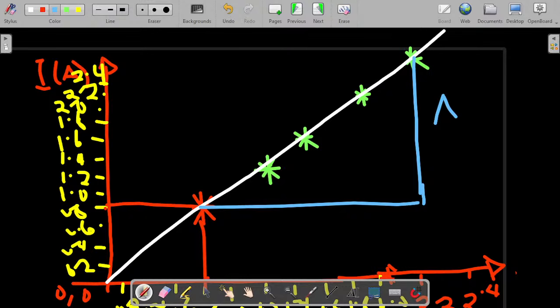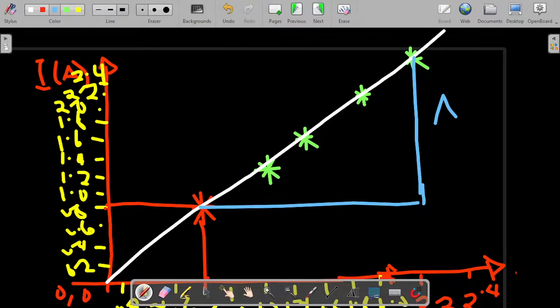I can trace this point down, and I can trace this point to the vertical also. I'll trace these 2 points so that I can count precisely which points I'm having. Do you understand? So based on what we've done, we have 2.3 and 0.8, 2.3 and 0.8 on both sides.